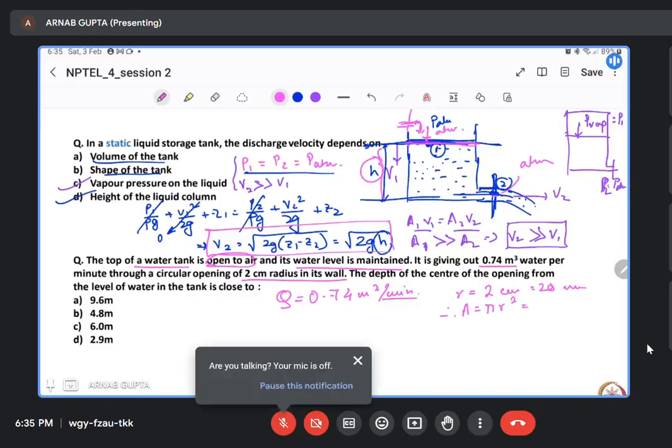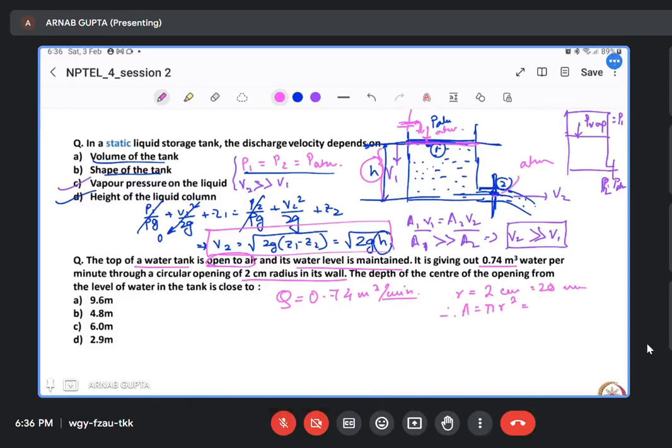Just help me with the values. I am not sitting with a calculator. So what will be the area? Pi into 20 square, right? Okay. So let's keep it in meter because this one is given in meter cube.